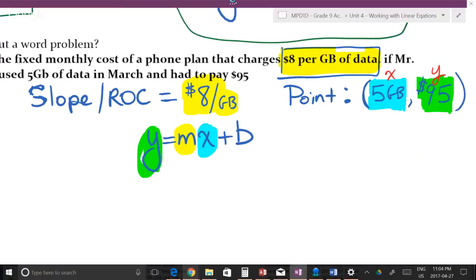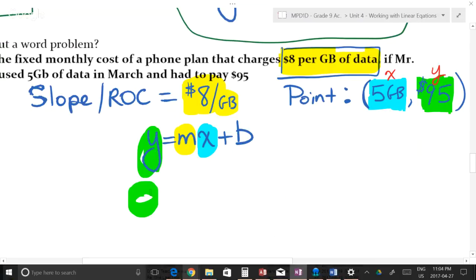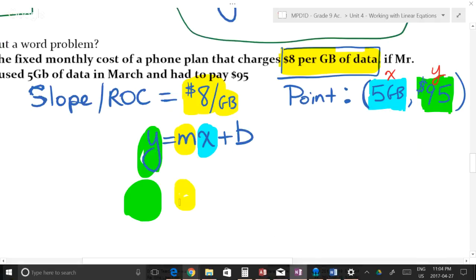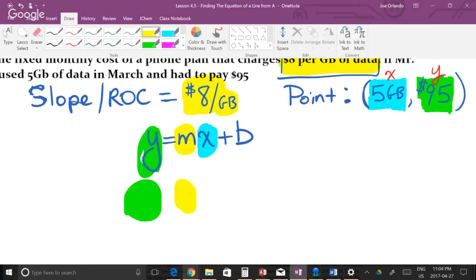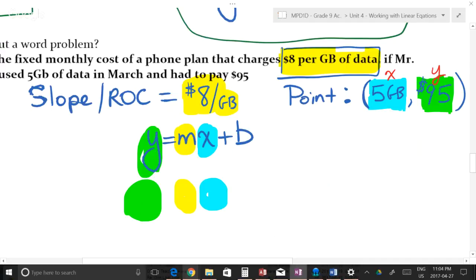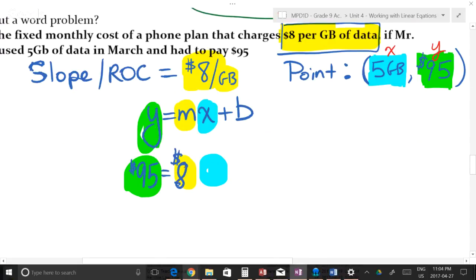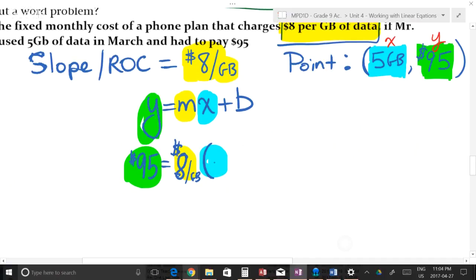I like to do the highlighter thing, so I know where all these numbers came from. Okay, so let's do this. Well, the y value in this case is 95 bucks. And that's going to be $8 per gigabyte times, how many gigabytes did I use?